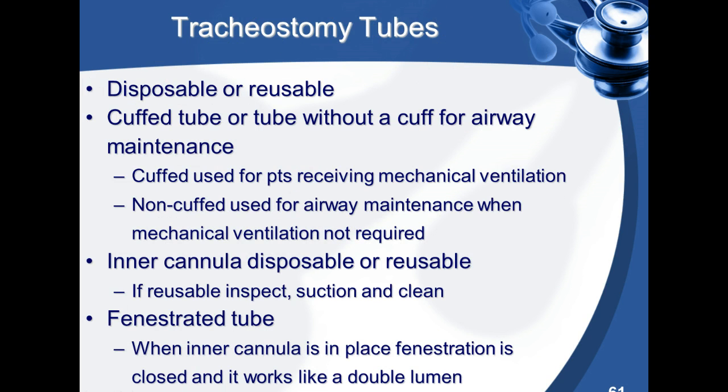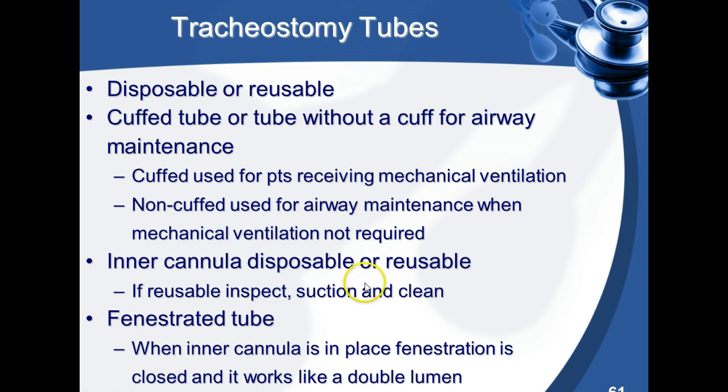When we describe tracheostomy tubes, you're going to have disposable and reusable. You're going to have cuffed tubes or tubes without a cuff for airway maintenance. Cuffed is used for patients receiving mechanical ventilation. Non-cuffed is used for airway maintenance when mechanical ventilation is not required.